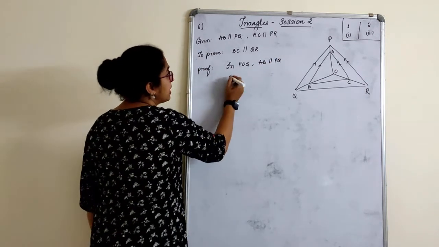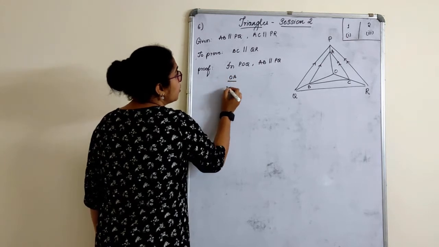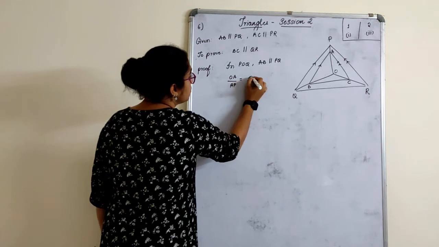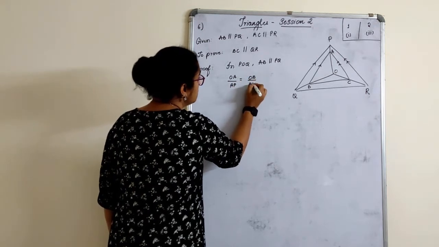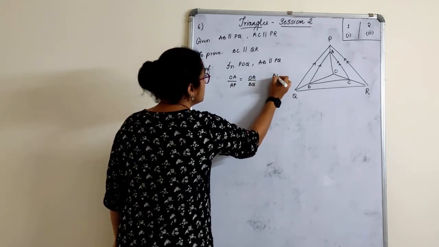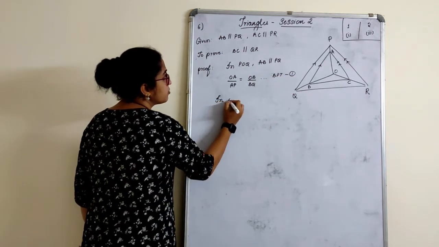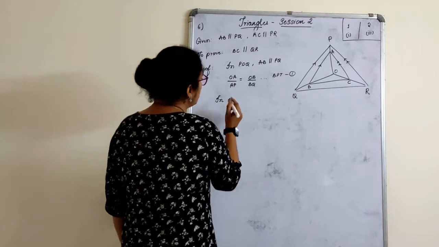So if AB is parallel to PQ, I can write that OA upon AP is equal to OB upon BQ. Reason BPT, equation 1. Similarly, next triangle, in triangle POR.